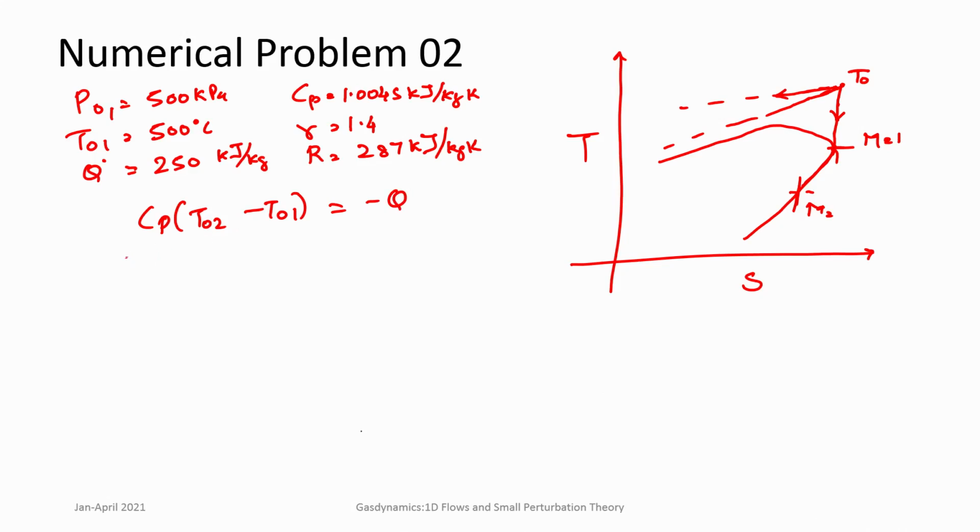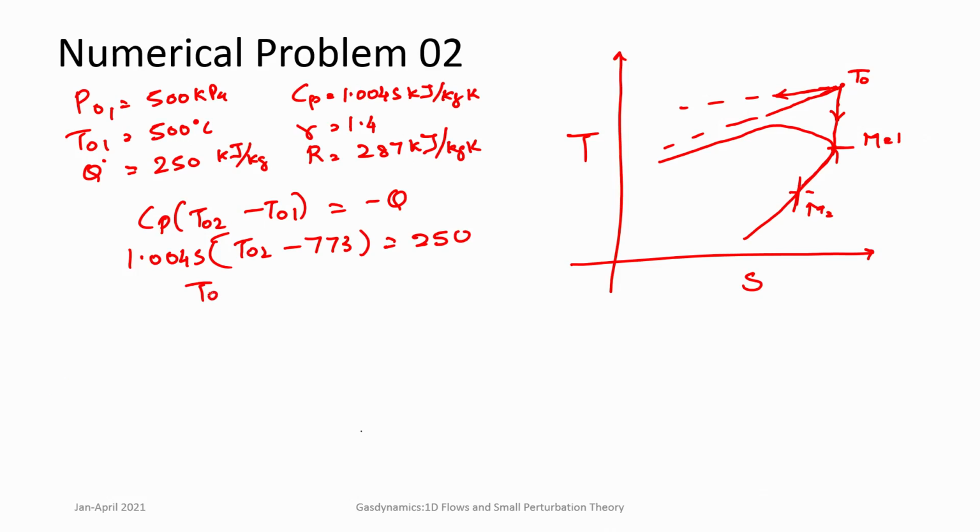So, this is 1.0045 multiplied by (T02, which is not known, minus T01, which is known, 773 Kelvin), and that is 250 kilojoules.